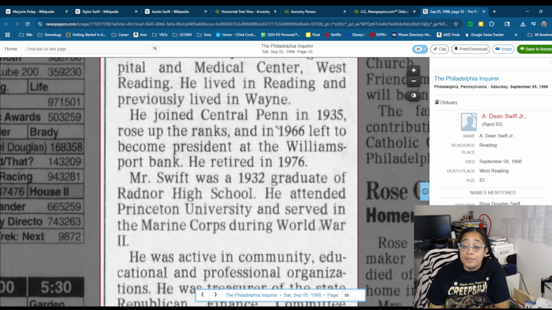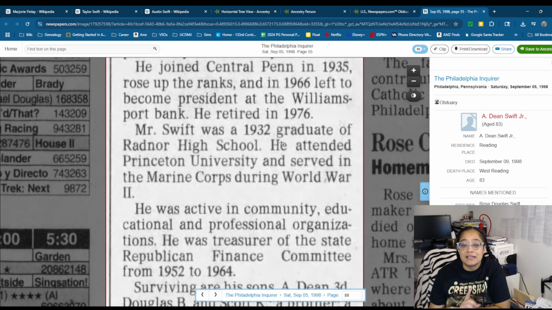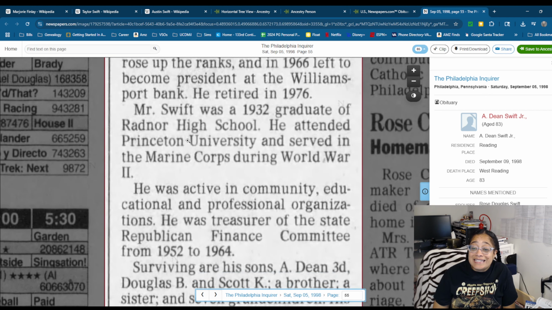He joined Central Penn in 1935, rose up the ranks, and in 1966 left to become president at the Williamsport Bank. He retired in 1976. Mr. Swift was a 1932 graduate of Radnor High School. He attended Princeton University and served in the Marine Corps during World War II. All right, Marine Corps. All right, I'm Army, but you know I gotta love the Marines.